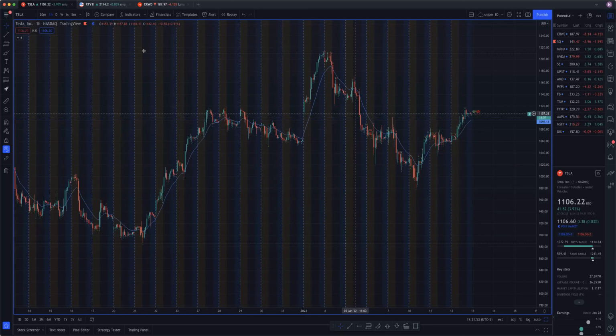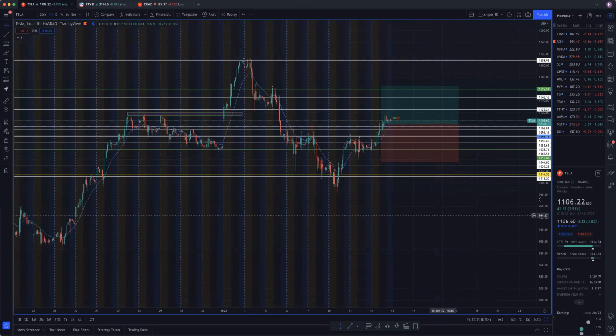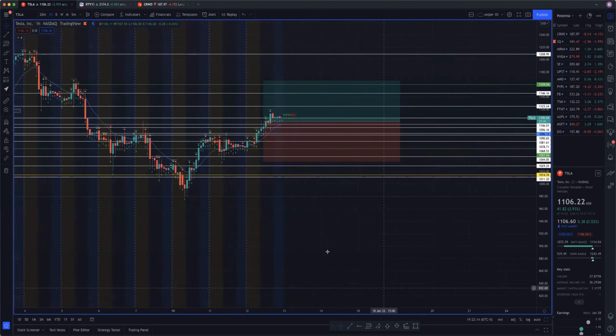So what's the risk to reward? There's a tool on TradingView you can use to calculate your risk to reward. Let's say my entry is here, 1100. Oh, sorry, now my drawings are coming up. So I'll zoom in a little more.